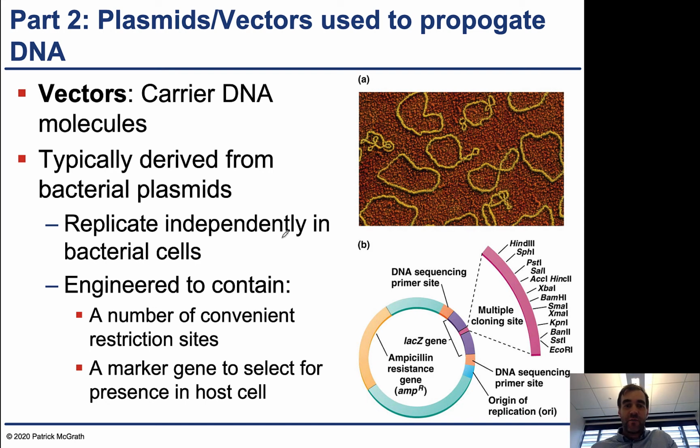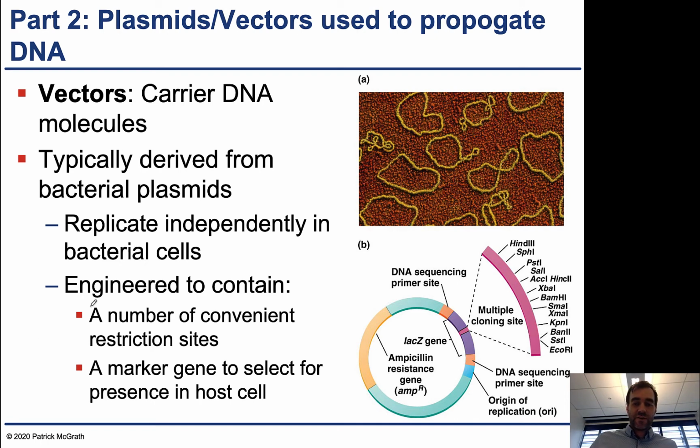They replicate independently in bacterial cells. There are lots of plasmids per bacterial cell, and this is just some EM pictures of what they look like. Over time, we have engineered plasmids, instead of being the wild form of the plasmid, to be useful for our purposes as DNA engineers.